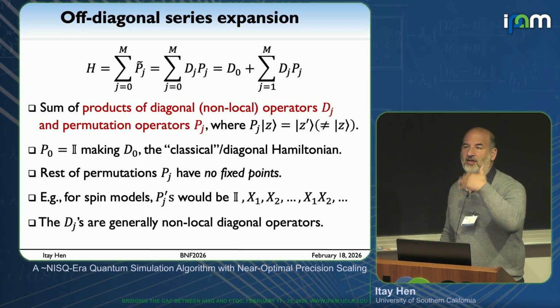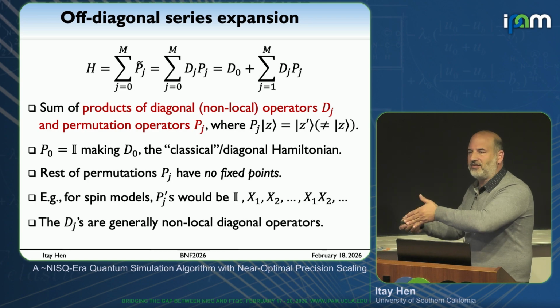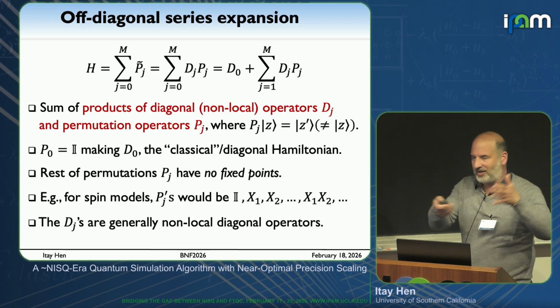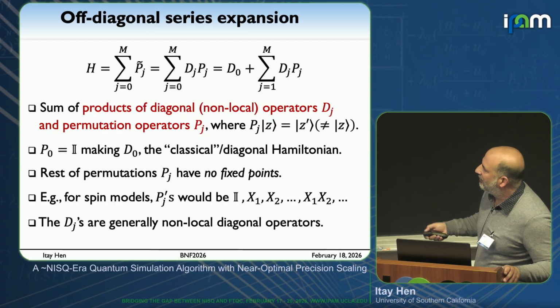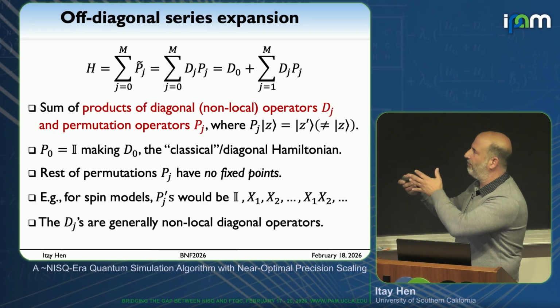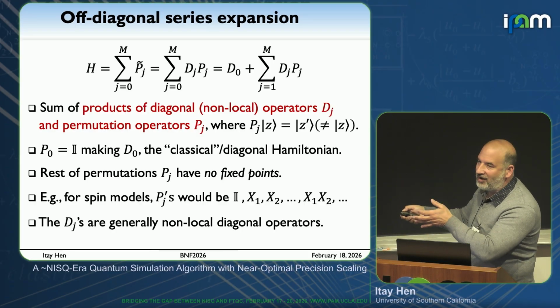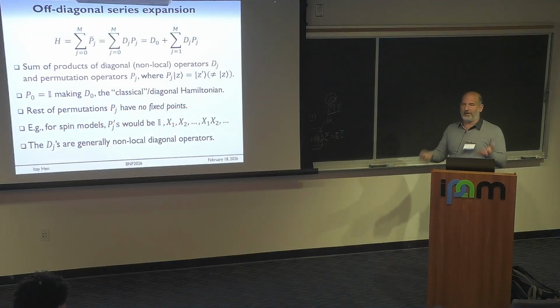And for example, if we have a Pauli Y in the Hamiltonian, then a Pauli Y is just an X times Z times I. Even a Y operator is an X, a permutation, times a diagonal, a Z.